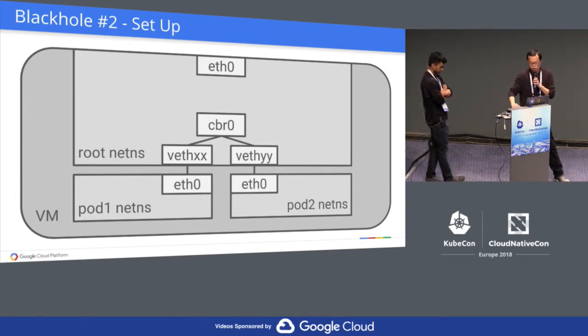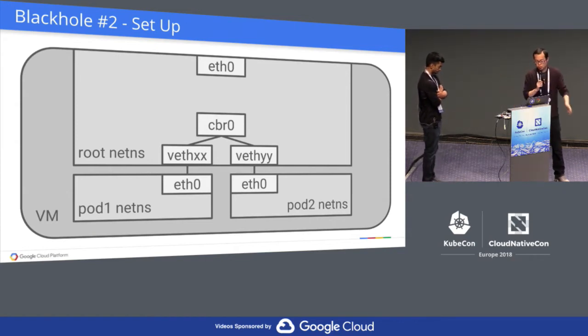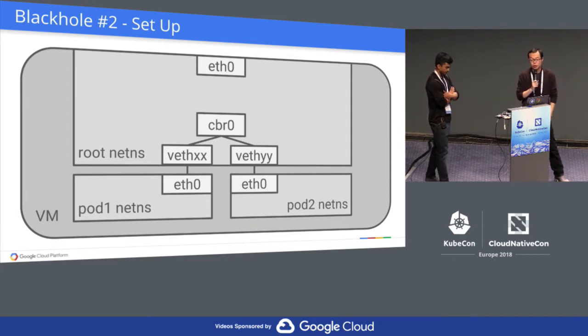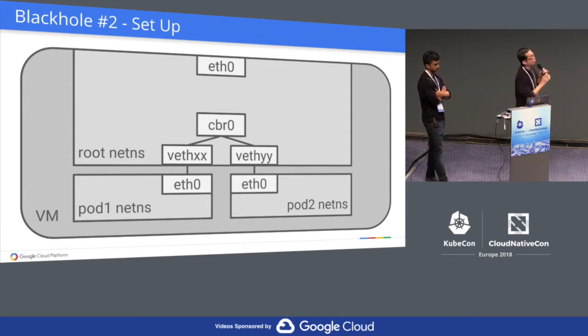That's the default mechanism for pod isolation. To connect the network namespaces, each pod gets a virtual network interface pair, which is basically like a network cable. One end is in the pod's network namespace, the other end is hooked up to the network bridge within the root namespace. That's a very typical network setup on a Kubernetes node.